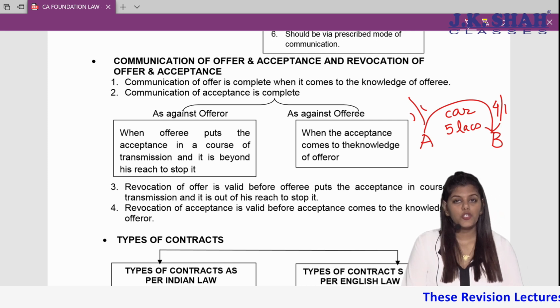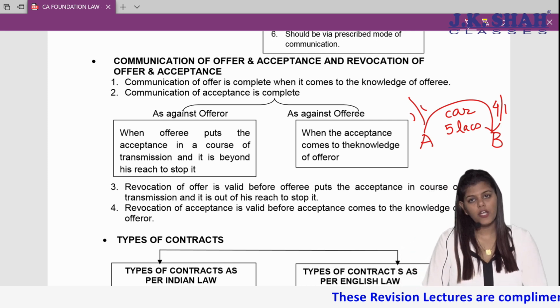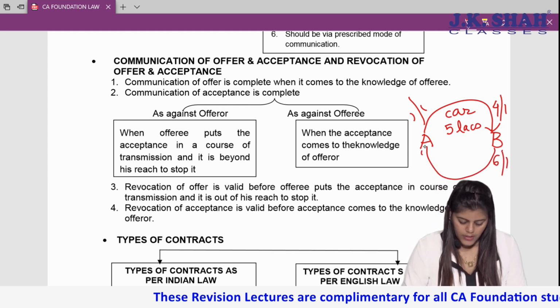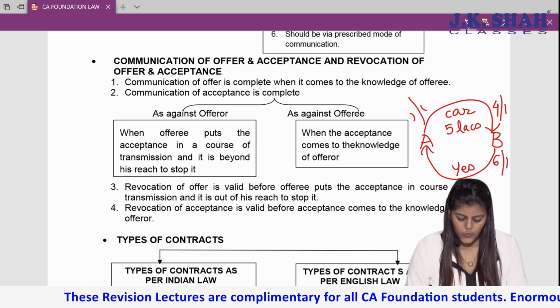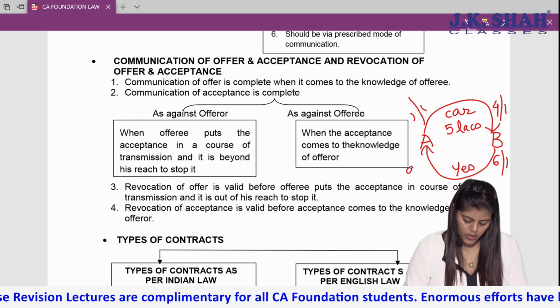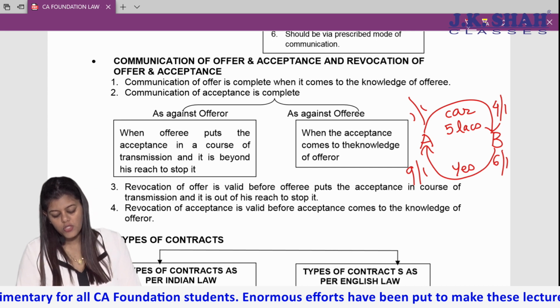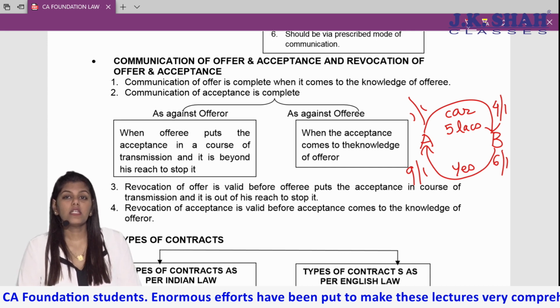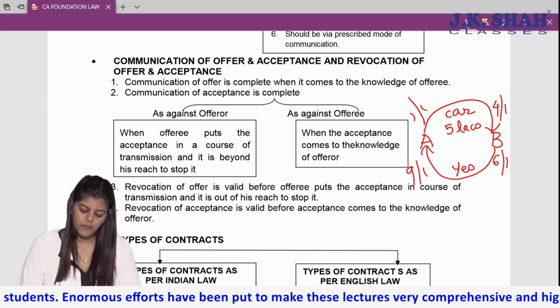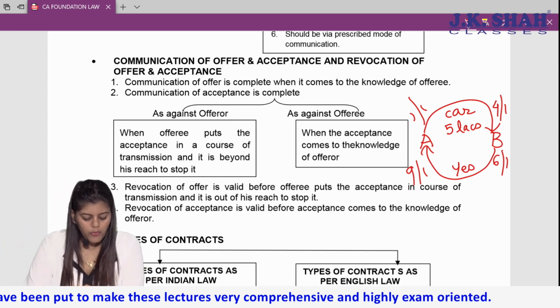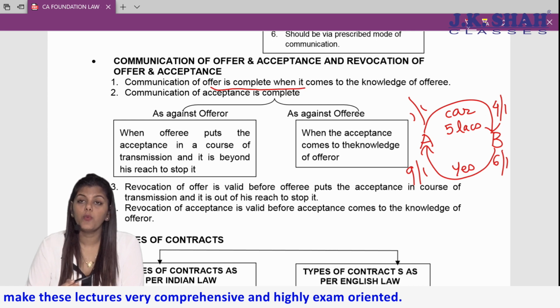On 4th Jan it reached B. He thought for a day or so. On 6th Jan he posted his letter of acceptance, which reached A on 9th Jan. So 1st Jan A posted, 4th Jan B received it, 6th Jan B posted his acceptance and 9th Jan A received it. Very simple.